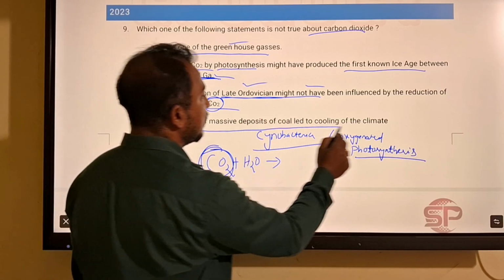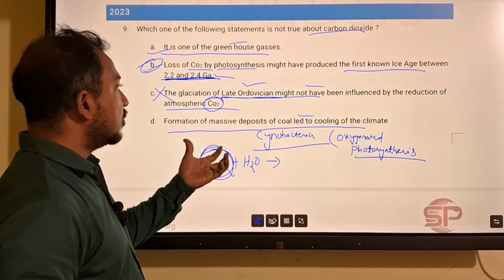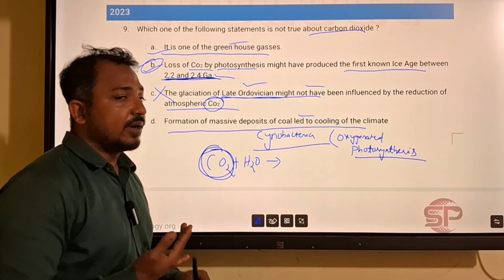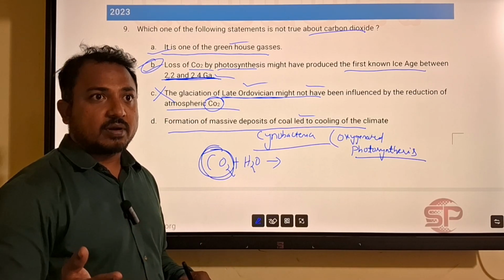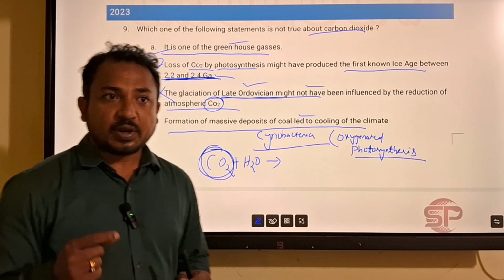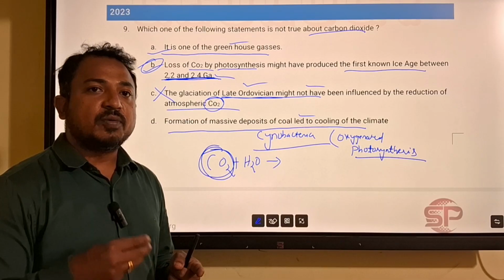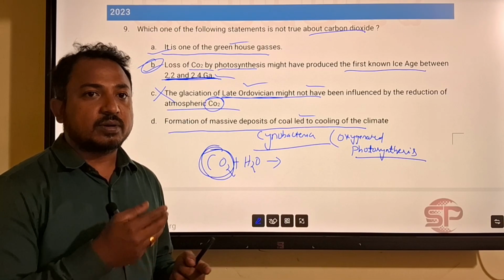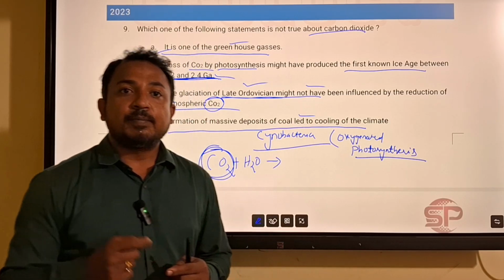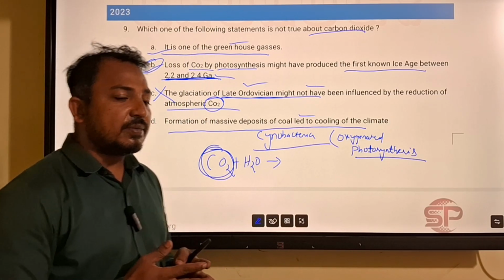Then, formation of massive deposits like coal led to cooling of the climate. Take the example of Carboniferous coal, like the Gondwana coal, where there is massive coal deposition. Coal is produced in a swampy environment where there is quick burial. The plant material contains carbon, but if it is quickly buried, it will not decompose.